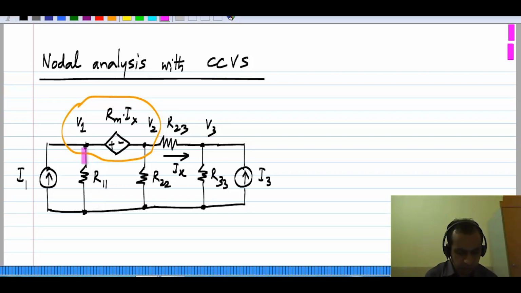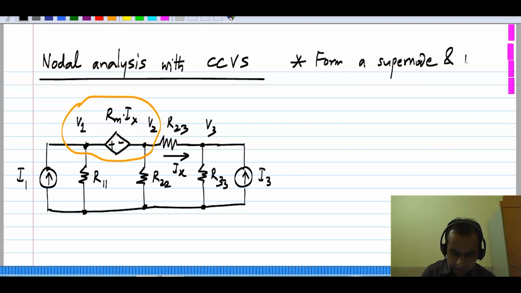So in this case, when you write it for the supernode, any current flowing between the nodes will not appear because that current is not crossing this surface. Okay. So following the usual procedure, you form a supernode and write the KCL equation.